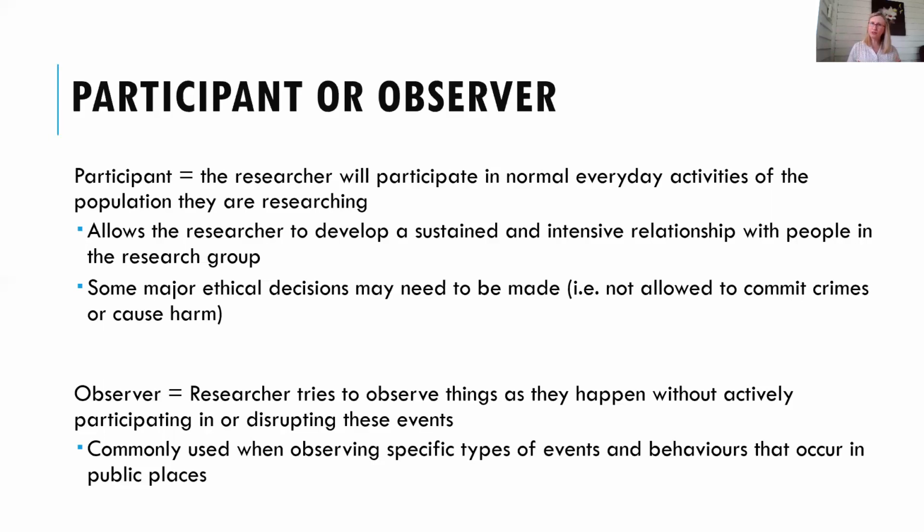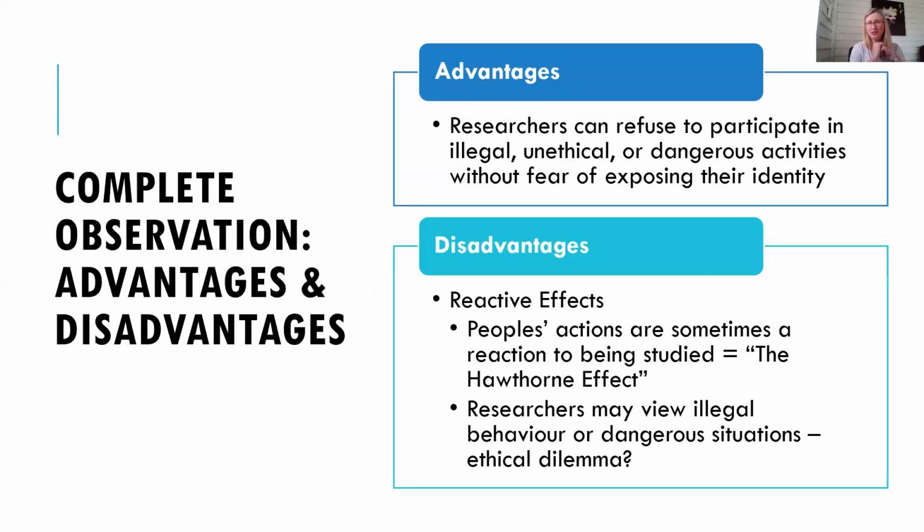You can be an observer and sit on the outside. Imagine a researcher sitting with a clipboard on the outside and taking notes and strictly observing, okay? However, this can make people change their behavior if they know they're being observed. So we can consider advantages and disadvantages here.